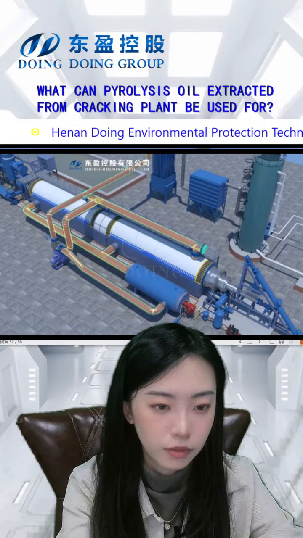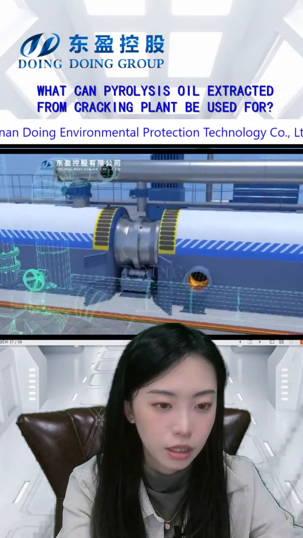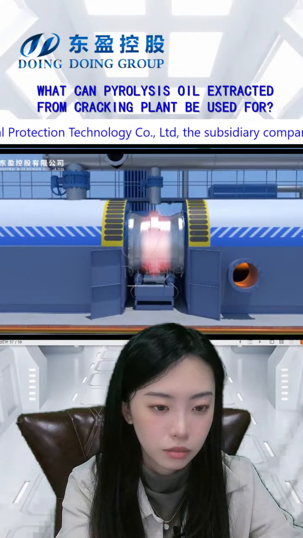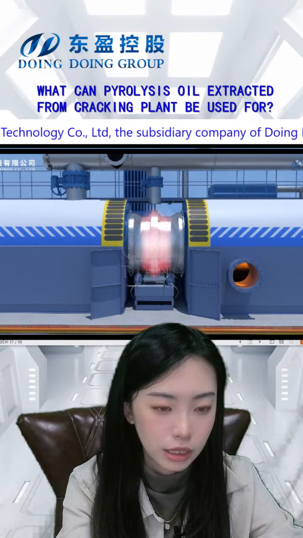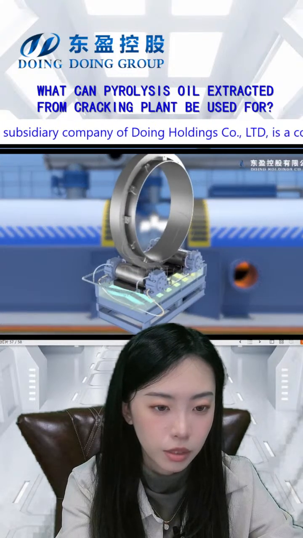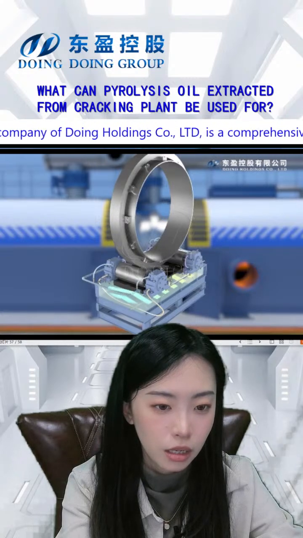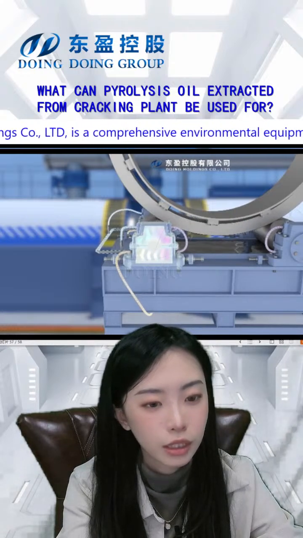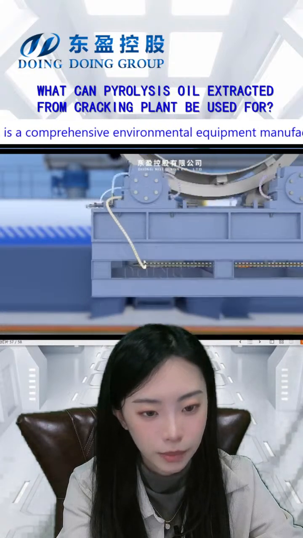This tube is for the recycling of the tail gas and to deal with the gas that we need to release. In the middle is the temperature resistant tube, because the fully continuous one is much longer than the batch type.